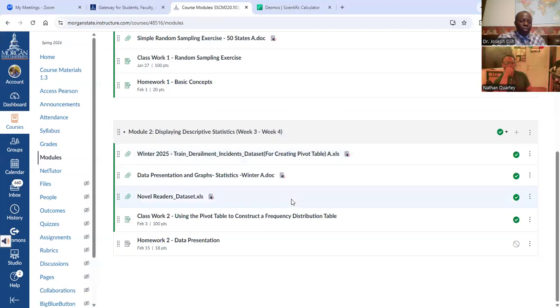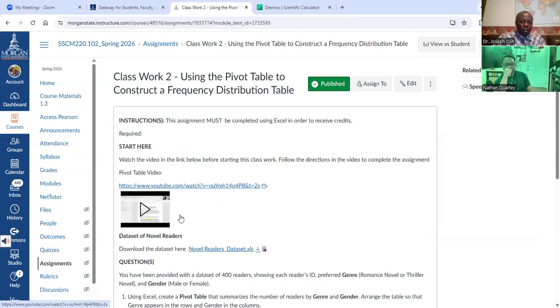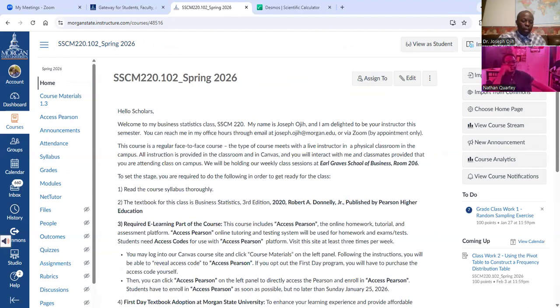Just go to models, scroll down to model 2. You can see this homework here, click on it, and then it will take you right there. Classwork is here, so you can take care of the classwork as soon as we finish for today. Having said that, I think we're ready to start.